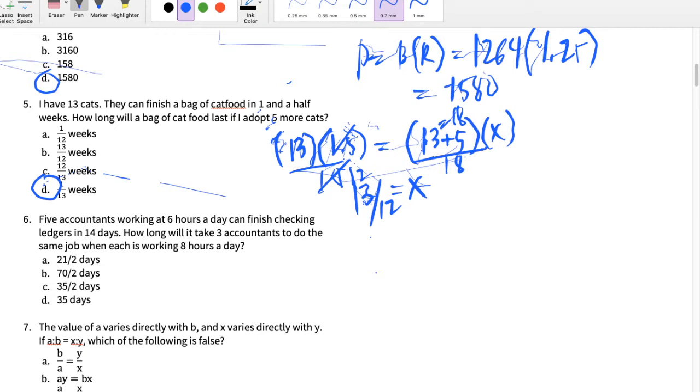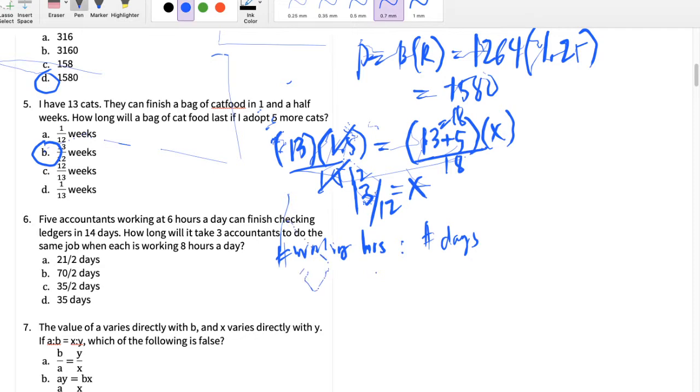Okay. Number 6. 5 accountants working 6 hours a day can finish checking ledgers in 14 days. So how long will it take 3 accountants to do the same job when each is working 8 hours a day? Okay? So here, the ratio we look at is the number of working hours to the number of days.